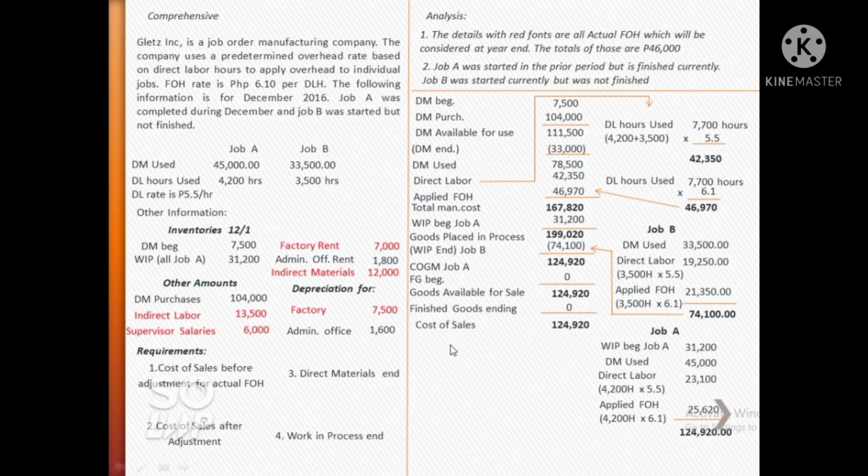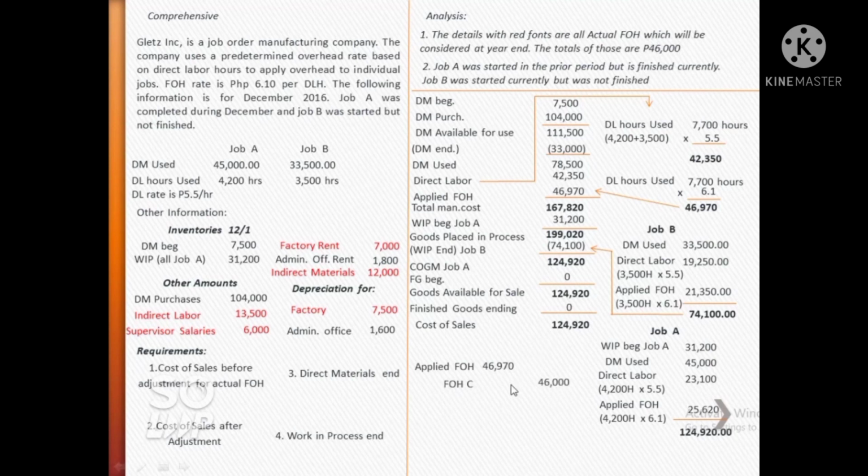But since we need to reconcile the actual factory overhead or the factory overhead control account and the applied factory overhead, let's make an entry. Let's close the applied factory overhead by debiting it. The applied factory overhead again is 46,970, and then the factory overhead control, which I've mentioned in the analysis, is 46,000.